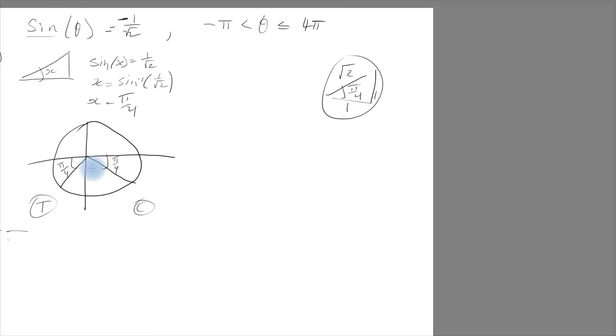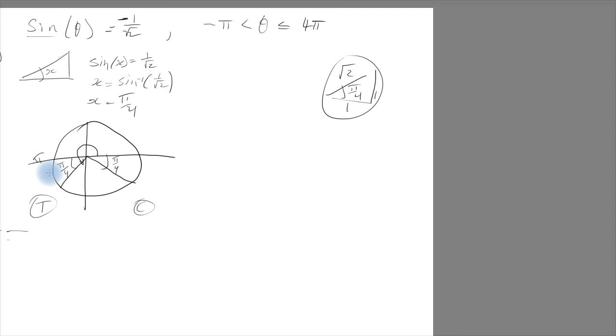Okay, so let's list a whole bunch of different possibilities, and then we'll keep going until we've got ones that are no longer within the bounds. So let me explain that. Let's first look at the positive ones. For this pi on 4 angle here, starting from the positive x-axis all the way around is pi plus pi on 4.